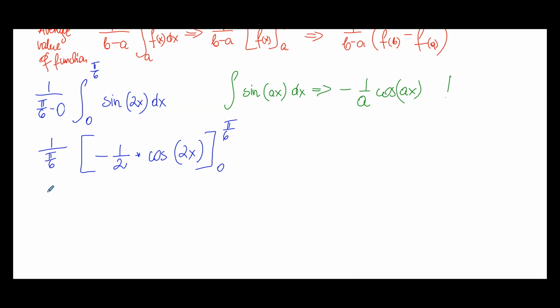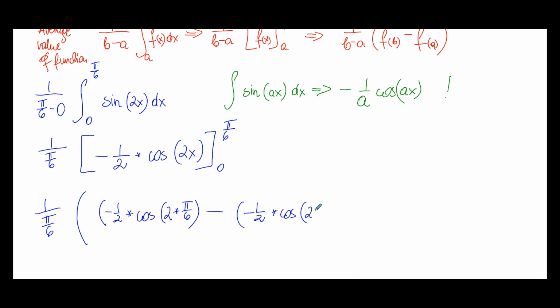So now we are going to the third part where we are finding the value. We take our function and replace x with the higher interval, pi over 6, minus, and again that same function, minus a half multiplied by cos 2 multiplied, and here we are replacing x with the lower interval 0.